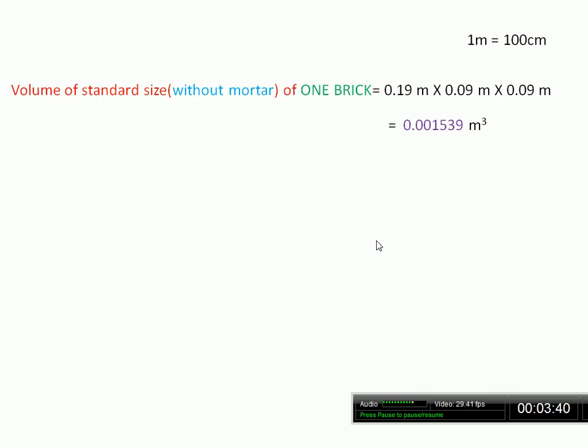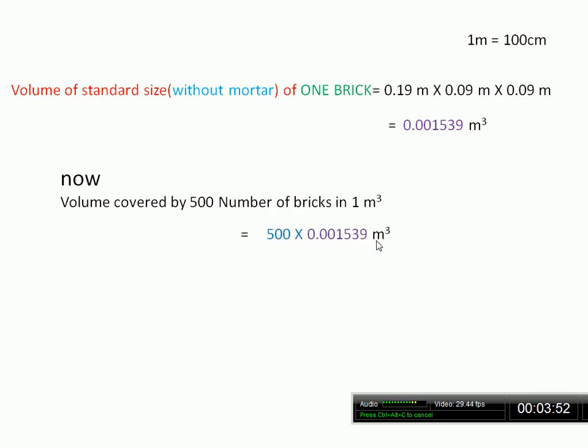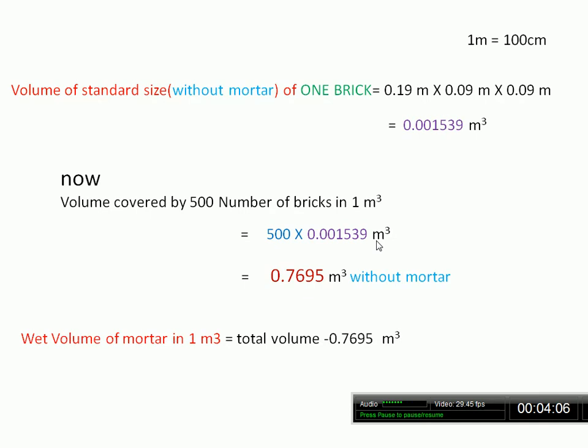That means our answer is 0.001539 m cube. Now the volume covered by 500 bricks in 1 m cube, that means 500 multiplied by the volume of 1 brick, 0.001539. Then the total volume without mortar is 0.7695 m cube.